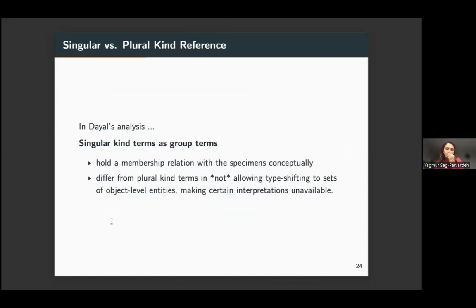Okay. This group analogy is important because it differentiates singular kind terms from plural kind terms. Singular kind terms do not allow access or type shifting to sets of actual object level entities, and this results in certain interpretations being unavailable.